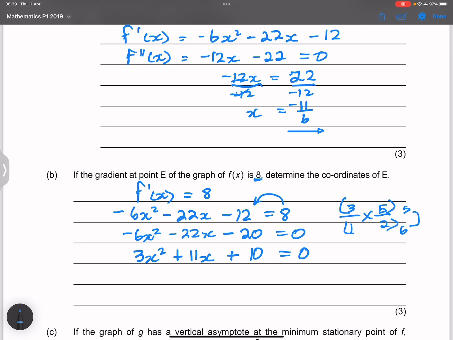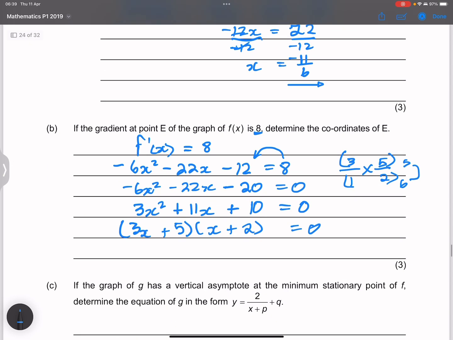So in this case, I've got 3x plus 5 as well as x plus 2 is equal to 0. So x is negative 5/2, or x is equal to negative 2. Okay, right.